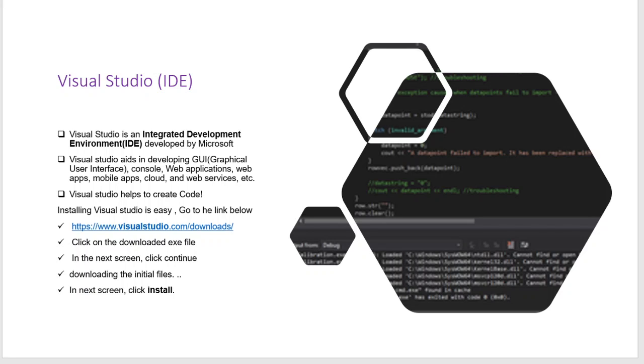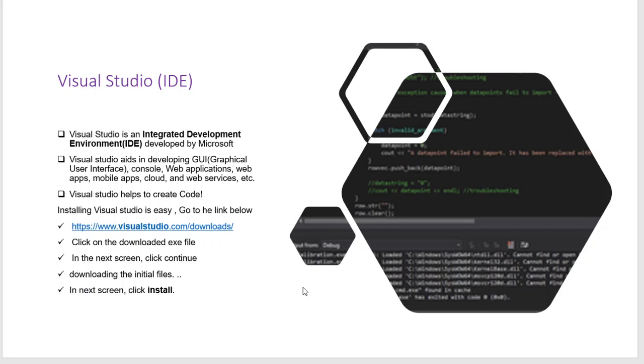For you to be able to use Visual Studio, you have to install it on your machine in case you don't have it. Just go to the link provided here. When you go to this link, you download the exe file, follow the instructions, finally click install, and bam, you have Visual Studio on your machine.